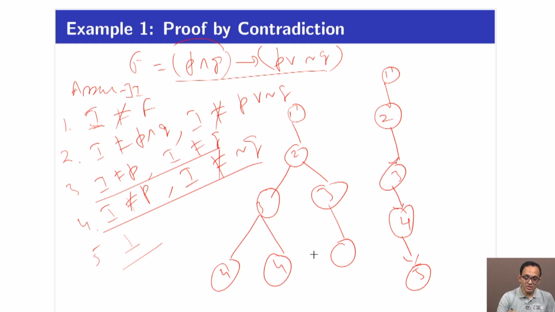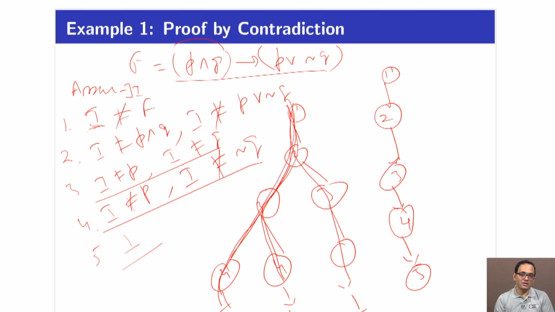And then what I have to show is that in every path I reach a contradiction, right. Every path I reach a contradiction, because what I was interested in is whether there exists some I under which the formula is not satisfiable, right. So, this path may lead to a contradiction, but there may be a path that does not lead to a contradiction, which means that is the interpretation under which the formula is not satisfiable, right.